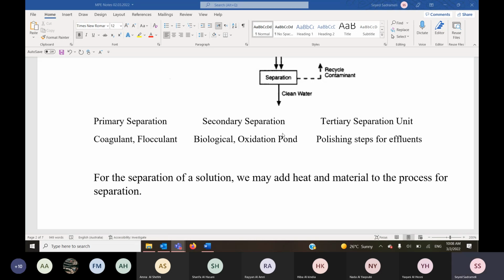For the separation of a solution, we may add heat and material to the process for separation. So it depends on the separation process.